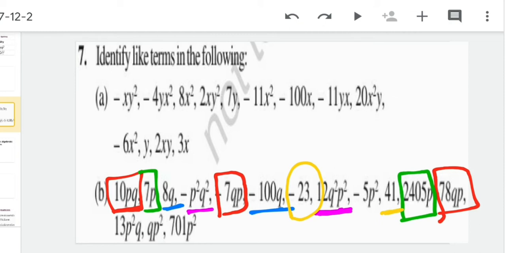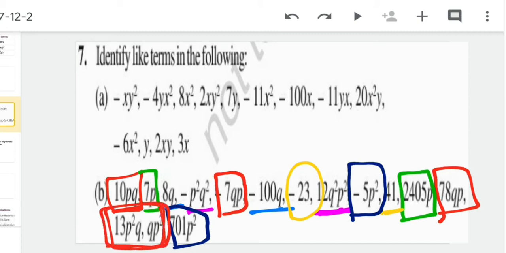Now the next group is minus p square, minus 5p square. So we have to find out p square, that is 701p square, and at the end the last group is this, which is p square and q.